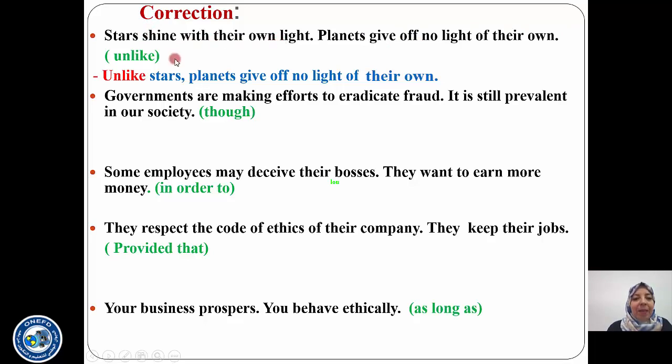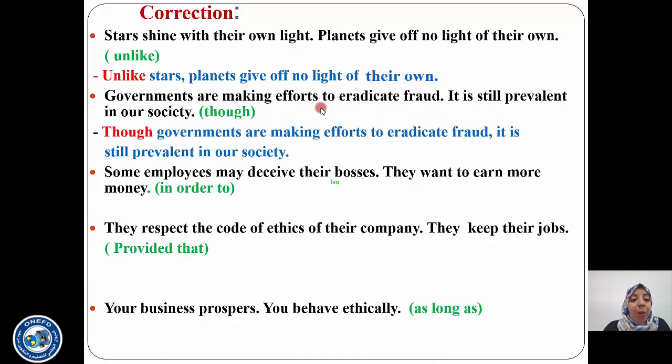Okay? That's it. Governments are making effort to eradicate fraud. It is still prevalent in our society. Now let's try to express a concession with "though". Okay, now which one is the concession among the 2 here? Of course it is the first one.